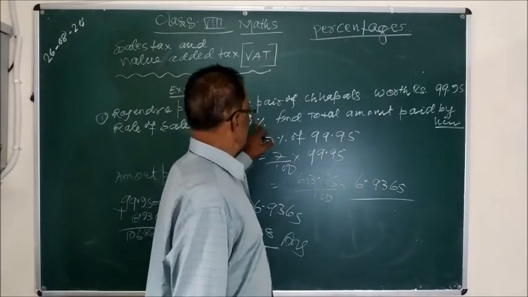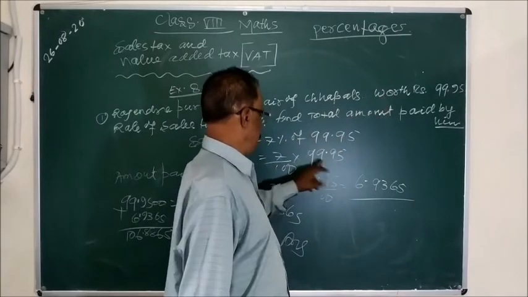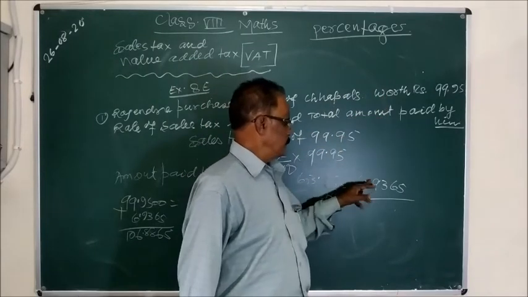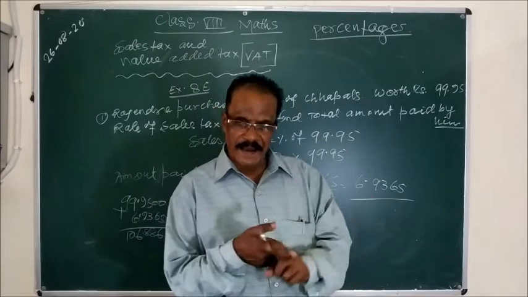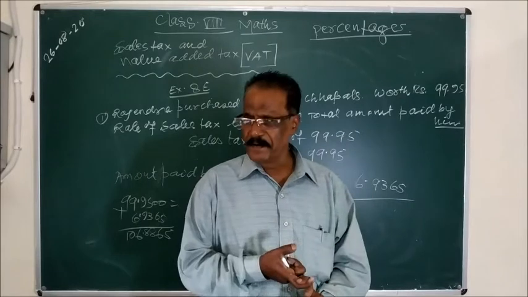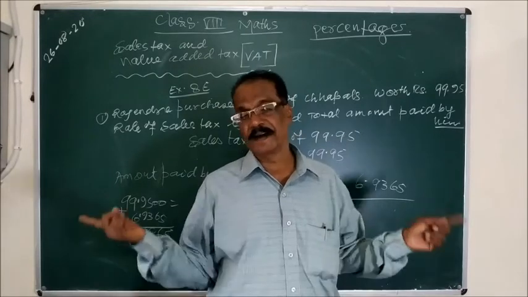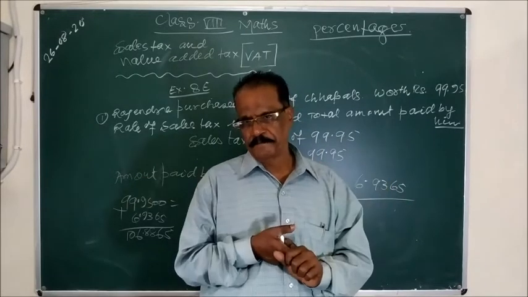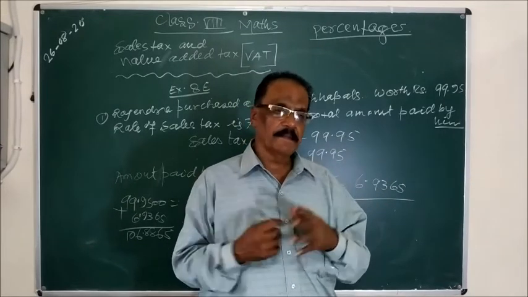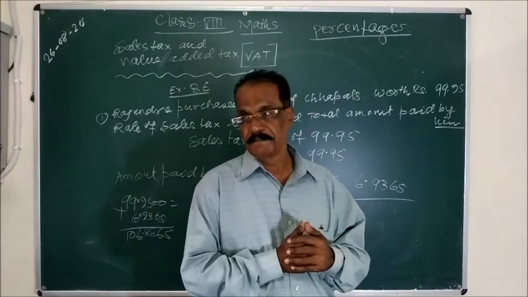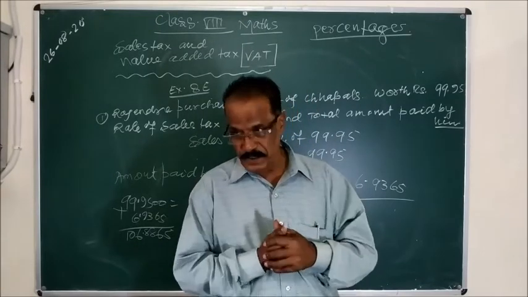So what is the 7% of this? We have simplified. We have got 6.9365. That is the sales tax given by the customer, and that will be taken by the shopkeeper. And later he pays the amount to the state government. So that is the question.